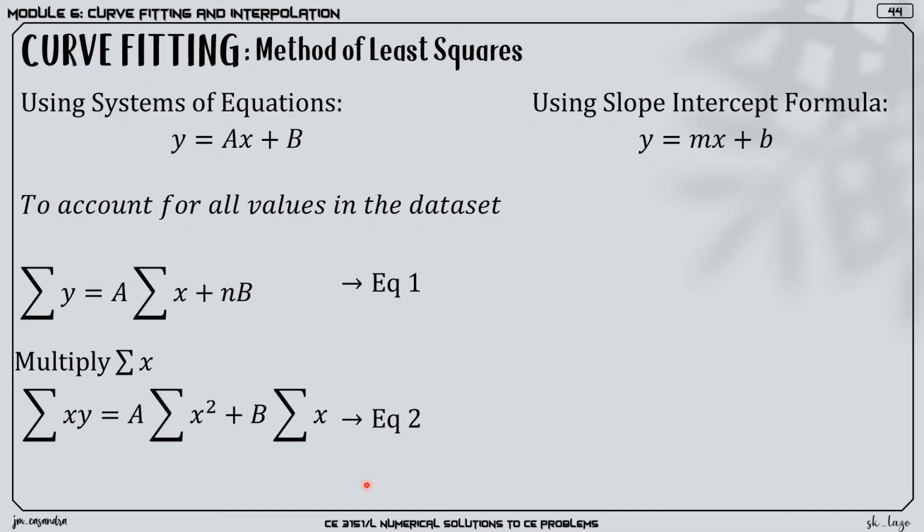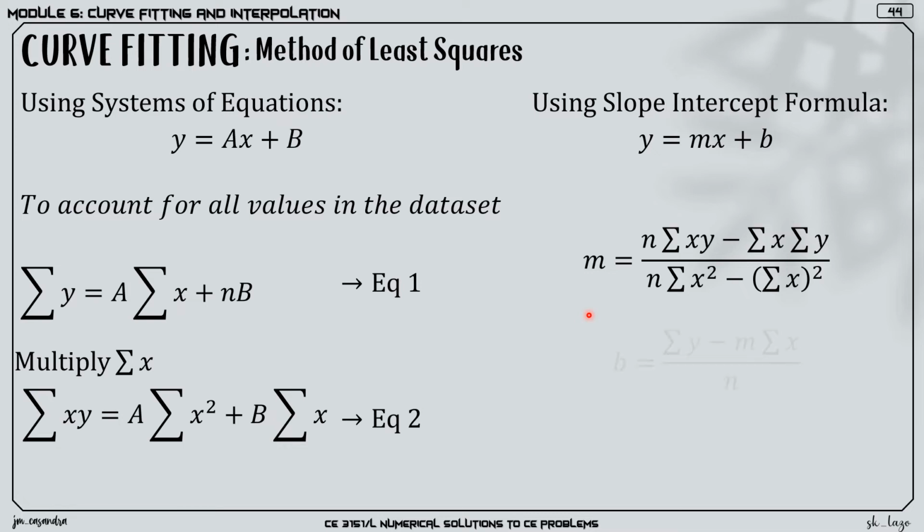In this method, we will use the equation of m taken from statistics, which is equal to n times the sum of the product of xy minus the sum of x times the sum of y, all over n times the sum of x squared minus the square of the sum of x. And from here, we'll be able to get b as equal to the sum of y minus m times the sum of x, all over n.